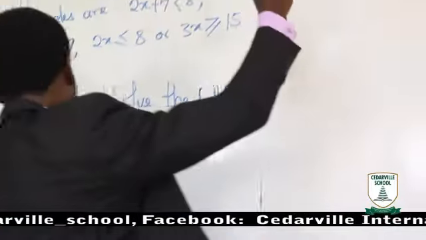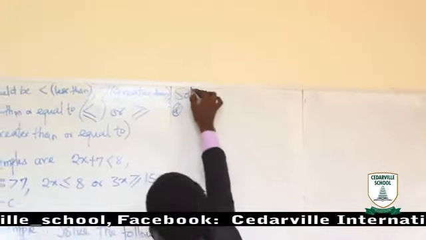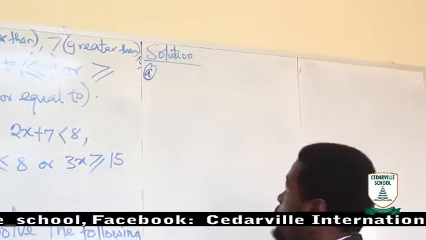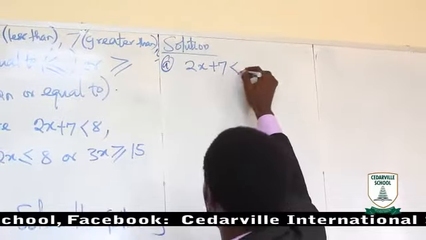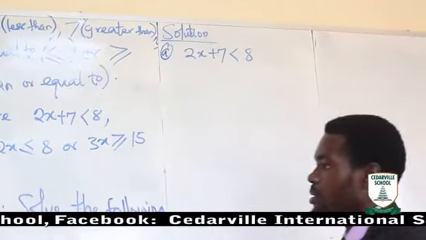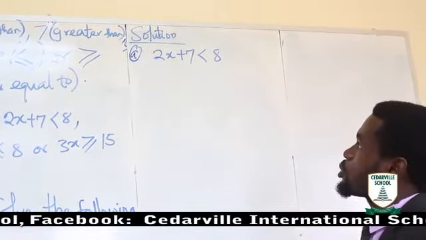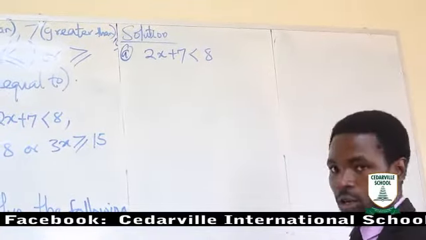Now, question A. Let's look at the first solution. So we have 2x plus 7 less than 8. Before we proceed to this question, I want us to change this symbol to the equality symbol and see the solving.